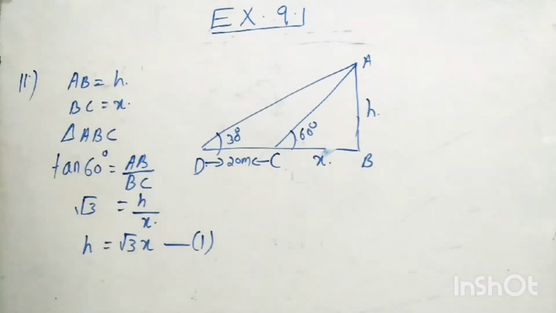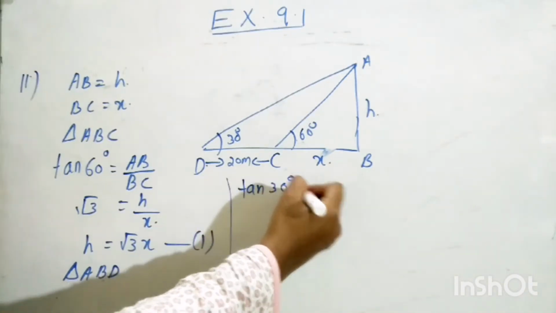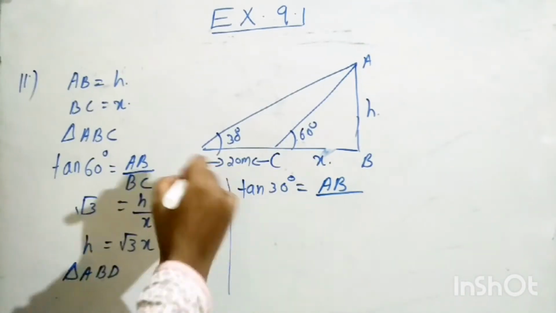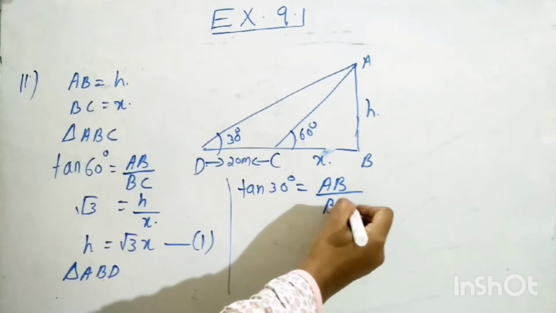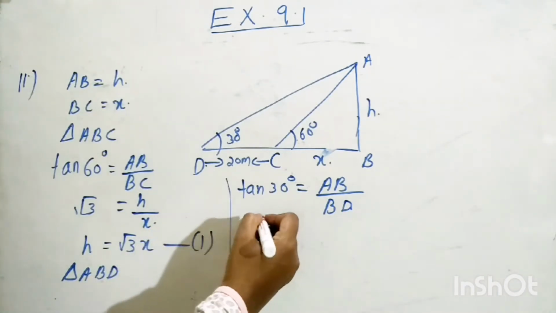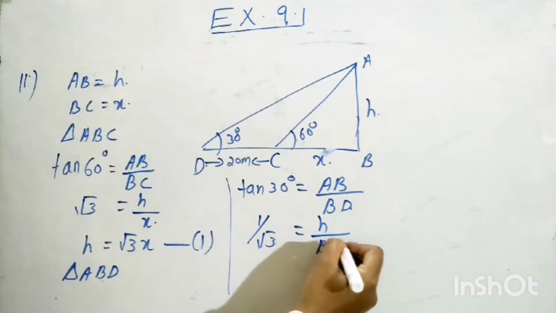Now we will consider the second triangle. In triangle ABD, tan 30 degrees is equal to the opposite side, that is AB, over the adjacent side, that is BD. Tan 30 degrees is equal to AB by BD, and the value of tan 30 is 1 by root 3, equal to h divided by BD.